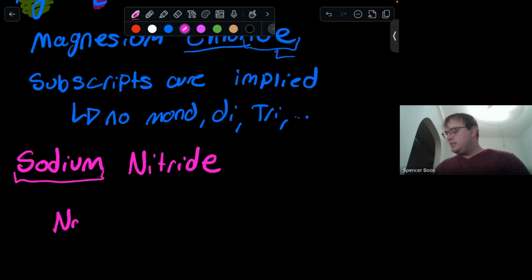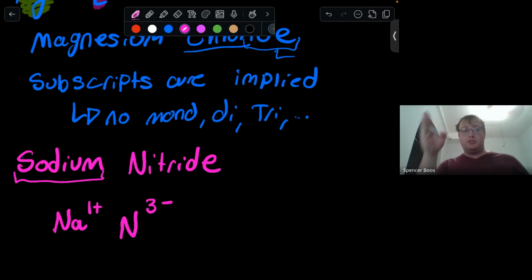Sodium is Na with a 1+ charge. And we know it's a 1+ charge from its location on the periodic table. We additionally know that nitride is nitrogen, and nitrogen has a 3- charge. We know that again from its position on the periodic table.